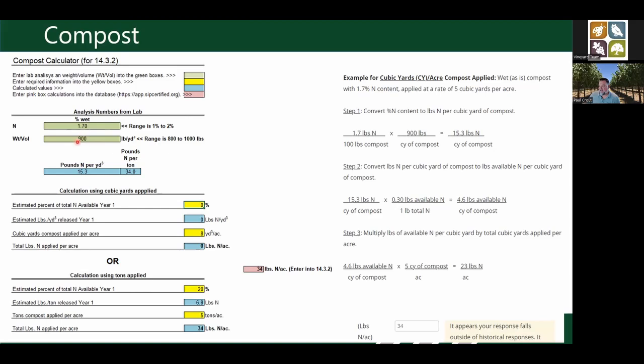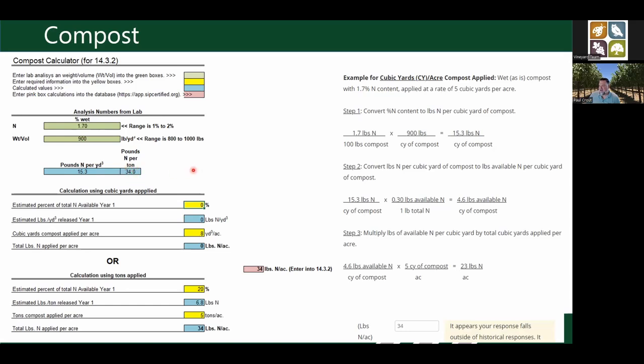So in this case, the compost weighs 900 pounds per cubic yard. So that allows us to understand that there's 15.3 pounds of N per cubic yard and 34 pounds of nitrogen per ton.